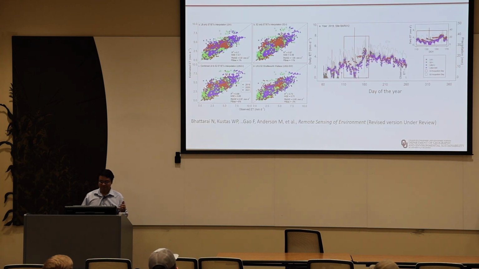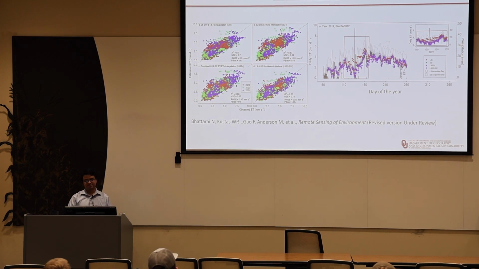And what we found was when you combine multiple sensors like Landsat and Sentinel-2. Landsat is the official satellite of NASA, and it's actually a combination of NASA and USGS, right? Landsat is the most successful remote sensing satellite mission globally.